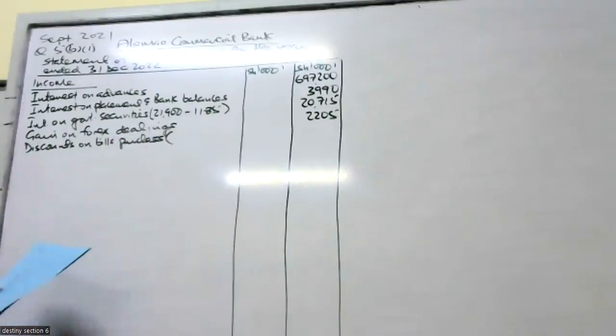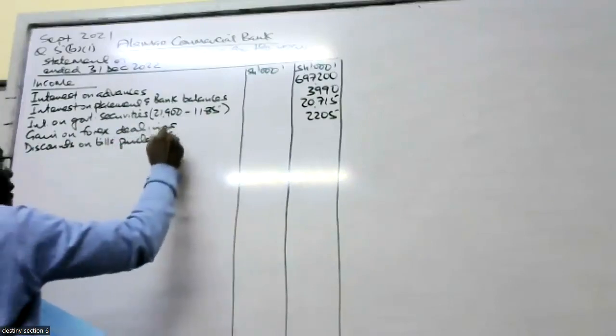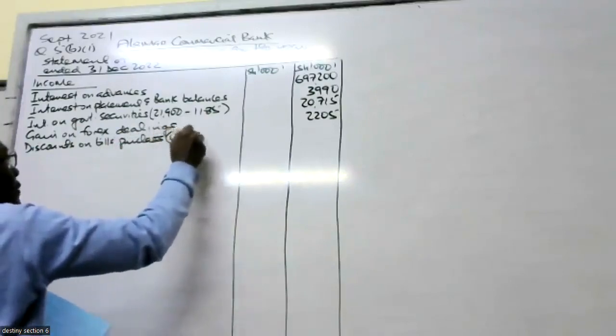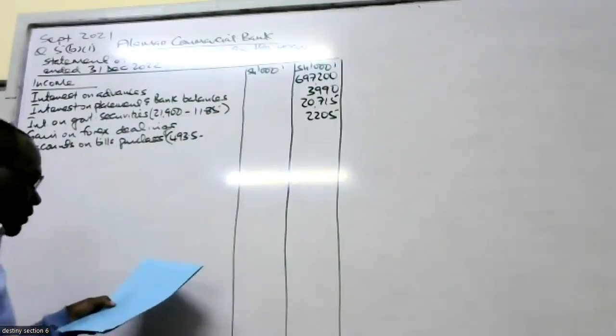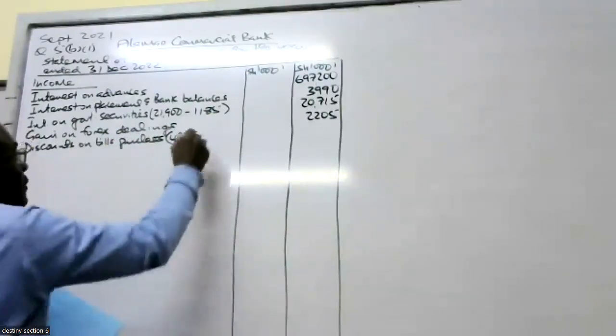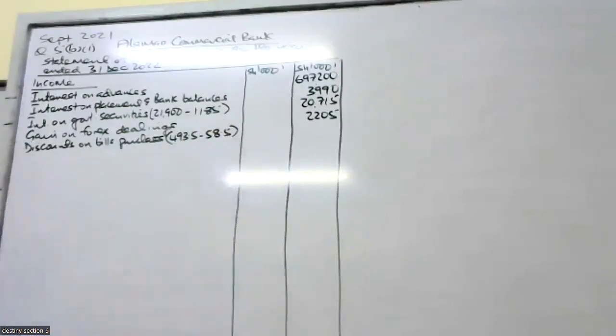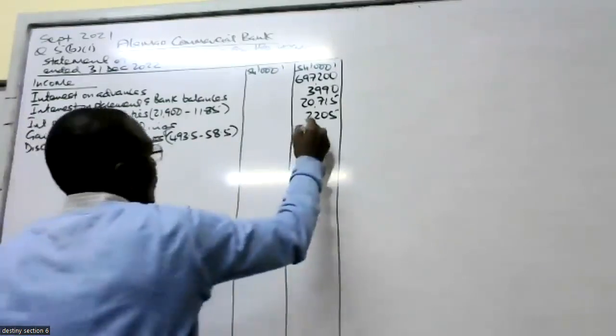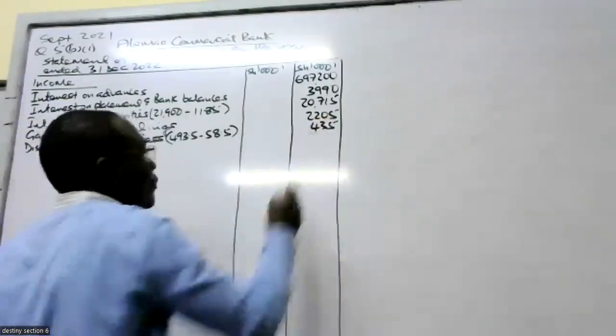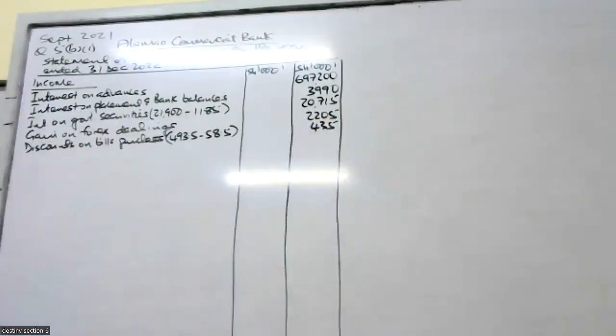So you'll get the amount of discount, 493.5. 493.5 we will subtract 50.5. So that's discounts.